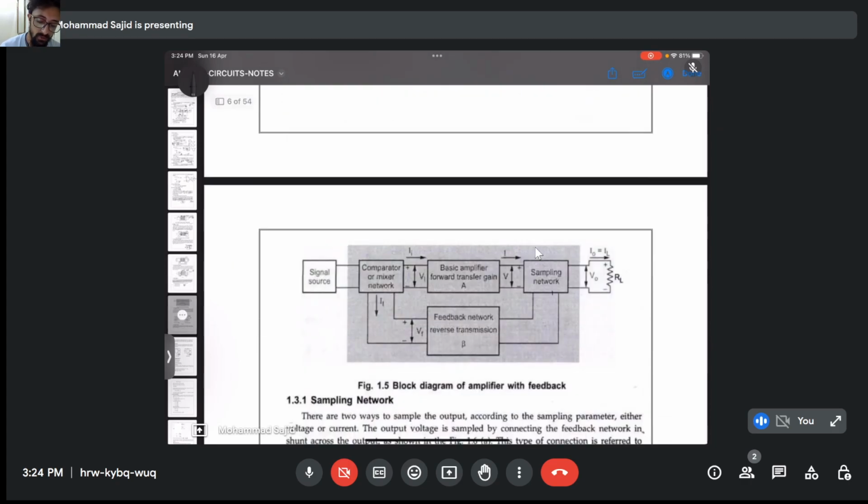So we sample either current or voltage, then we give it to the feedback network, then we have here either IF or VF.